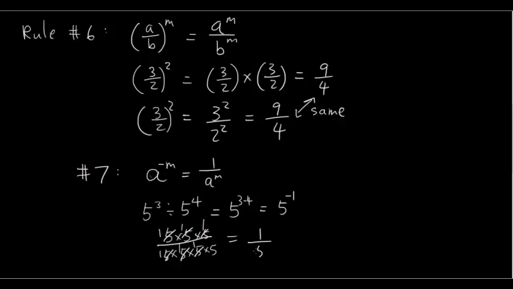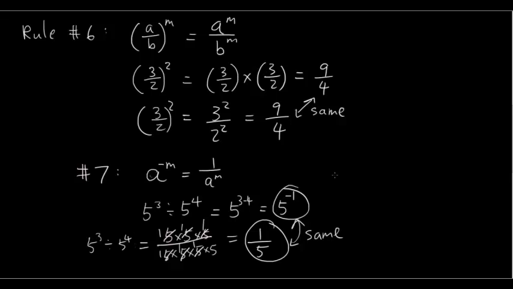So that's 1 over 5. So these two things are equal, right? As I have just proven to you, 5 to the power of 3 over 5 to the power of 4 is the same as 1 over 5, which is 5 to the power of negative 1. So, proven that to you by example.